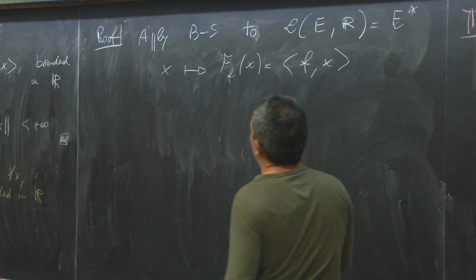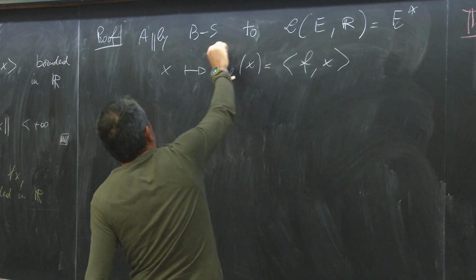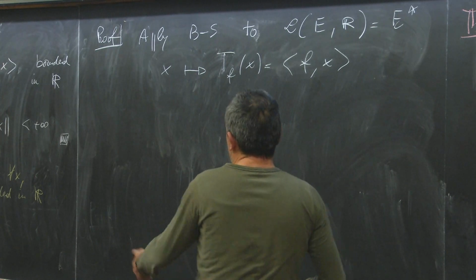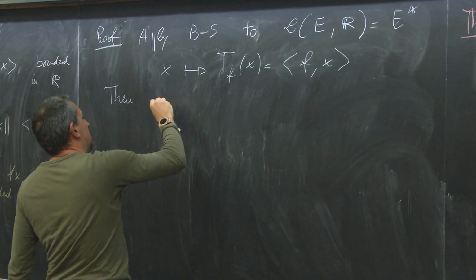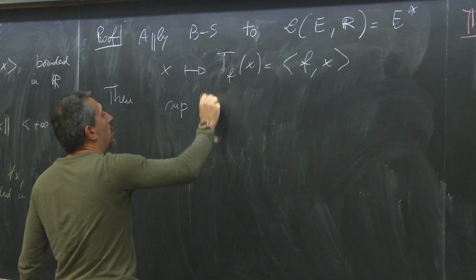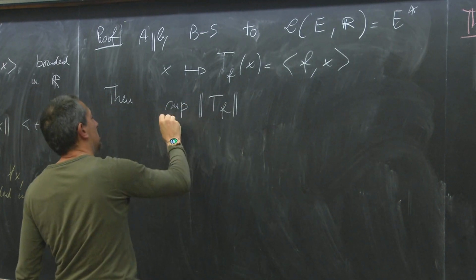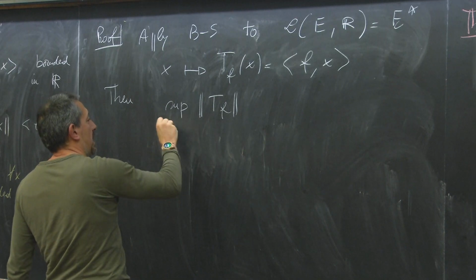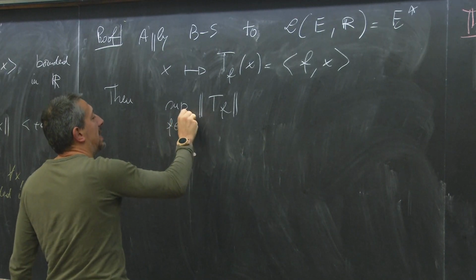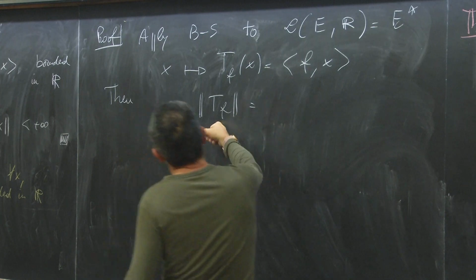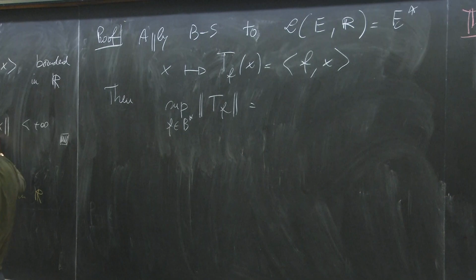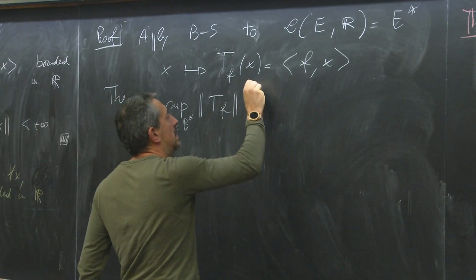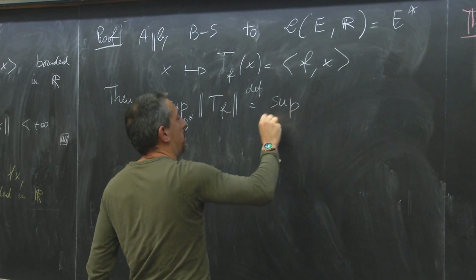This is my linear operator, Tf. Then I get the sup of the norm of these operators over f belonging to B star. But now the norm of this operator is by definition, while here it is by Hahn-Banach. This is Hahn-Banach, and this is by definition the supremum.